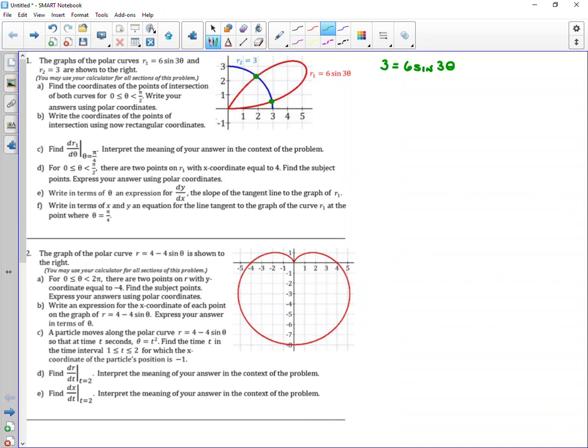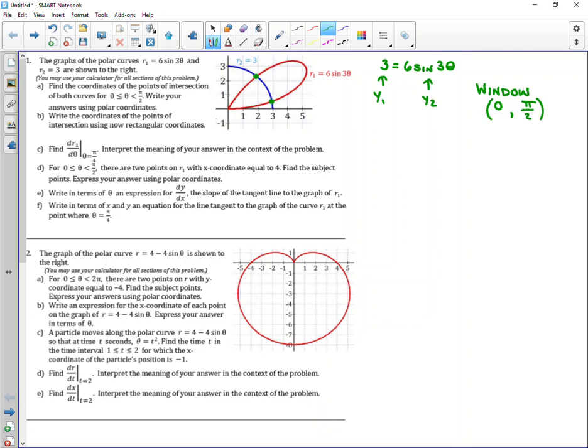In your calculator, I want you to type this one in Y1, don't change it to polar, and type this one into Y2, and make sure your window is set at 0 as your x min and pi over 2 as your x max.